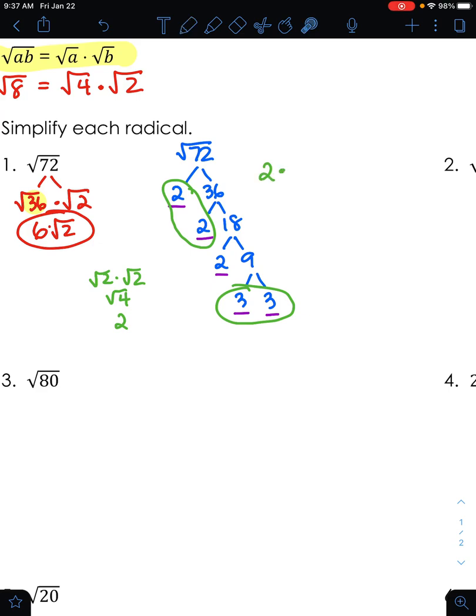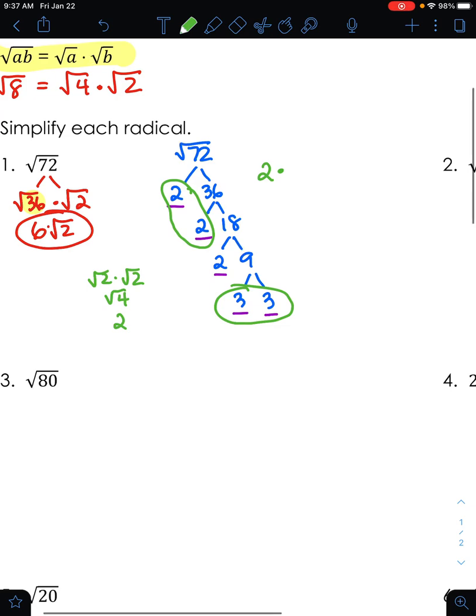So over here I have 2, because that represents the first pair. I have 3 times 3, and the square root of both of those would be 9, and the square root of 9 is 3. So I have 2 times 3. And when this doesn't have a pair to go with, that's going to stay under the radical. So when I combine these, I get 6 square root of 2. I get the same answer.